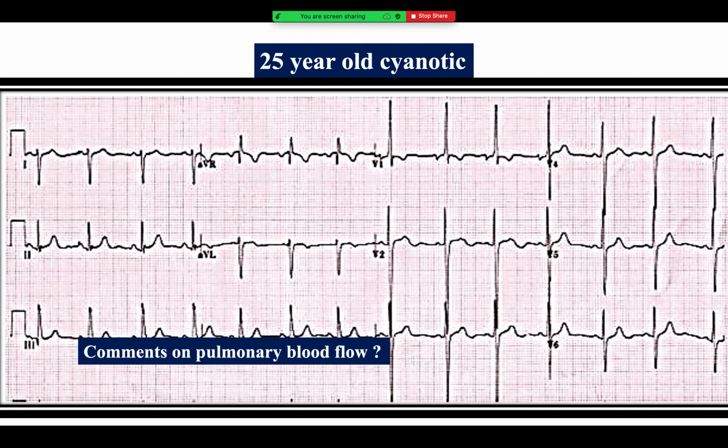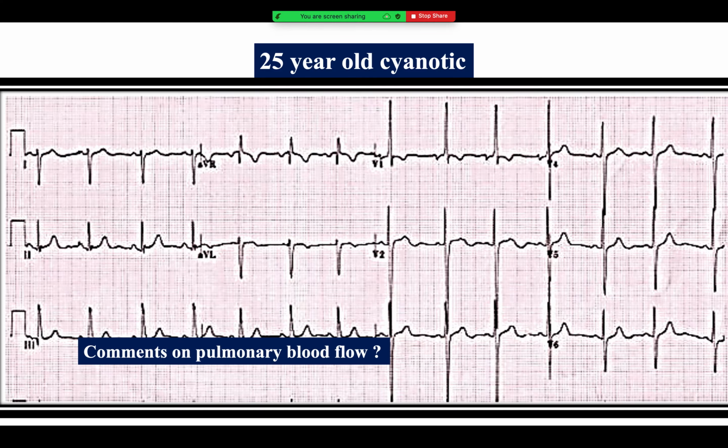So if you look carefully at the ECG rhythm-wise, the patient is definitely in sinus rhythm, isn't it? Axis-wise is right axis deviation. By looking at the V1 itself, we can say it is right ventricular hypertrophy. However, we notice that, for example, from V1 to V2, the R which was more prominent in V1 becomes less prominent compared to the S wave.